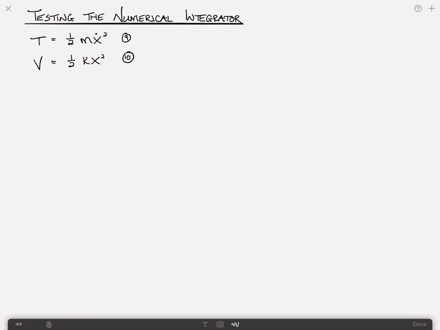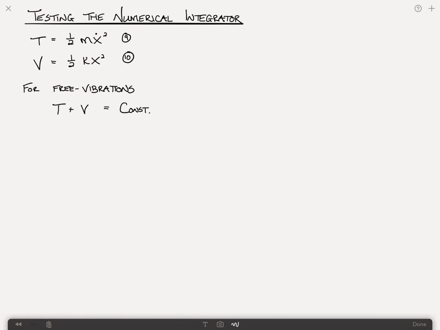And then we know for the free vibration problem, let me write that out, for free vibrations, that T plus V is equal to constant. So typically we set the system in motion using one of the initial conditions being non-zero.